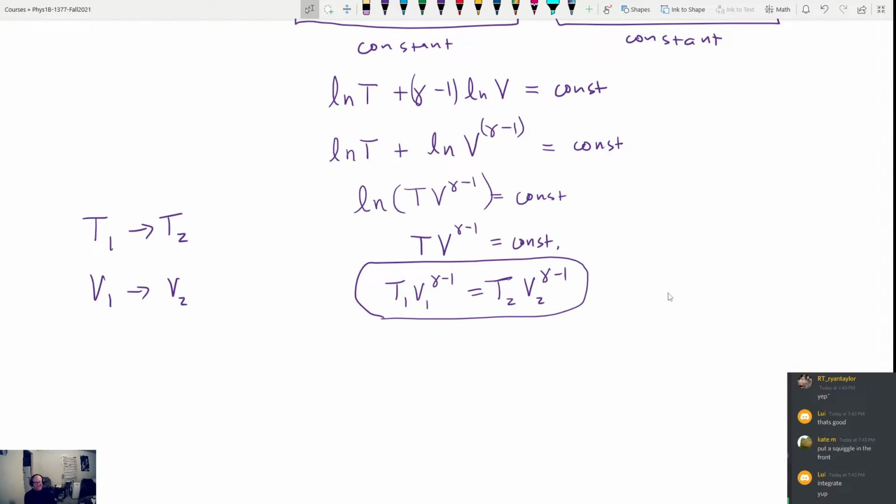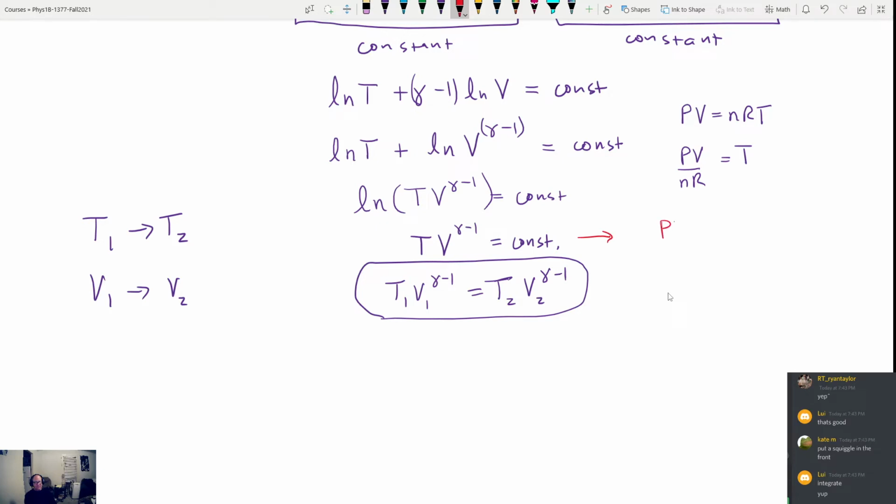Next, we can eliminate the temperature, if we want to get an equation that involves pressure and volume, by saying that from the equation PV equals nRT, we know that T is equal to PV divided by nR. So let's go from this line and replace T with PV over nR.